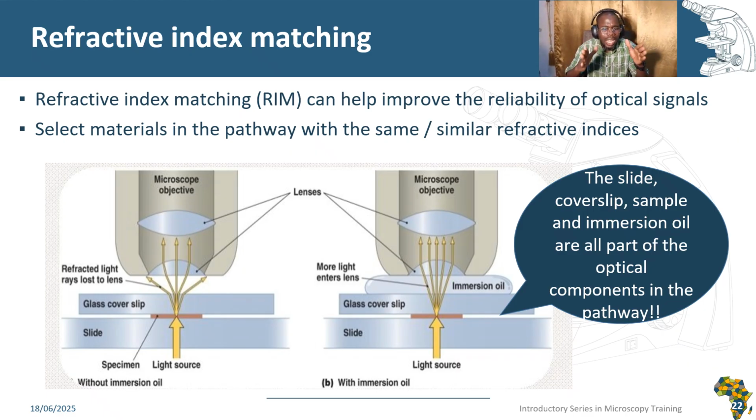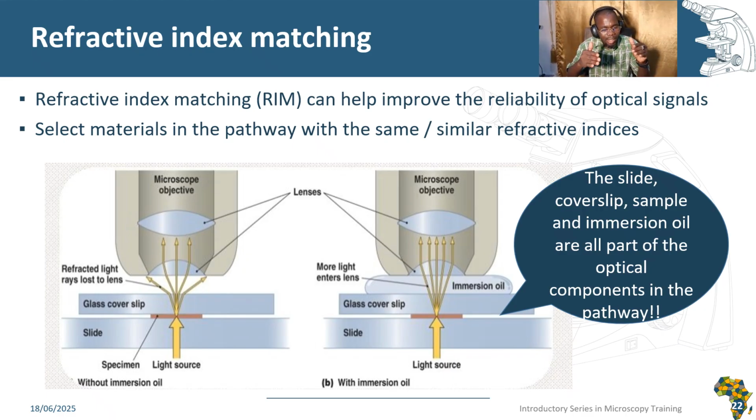Usually, air has a low refractive index when compared to glass. So when you use an air gap under the times 100 objective lens, it causes light to move away from the objective lens, as you can see on the diagram.